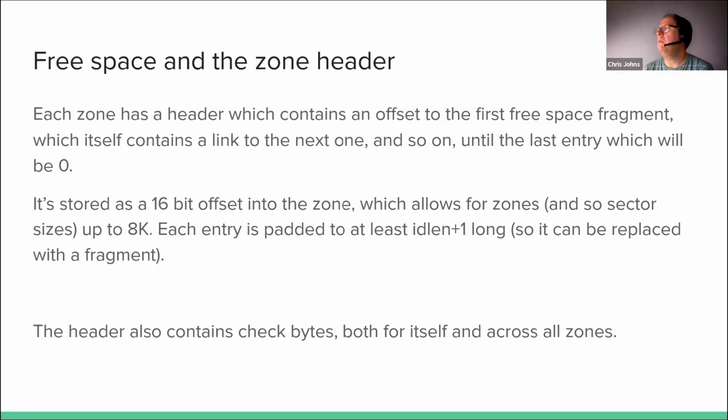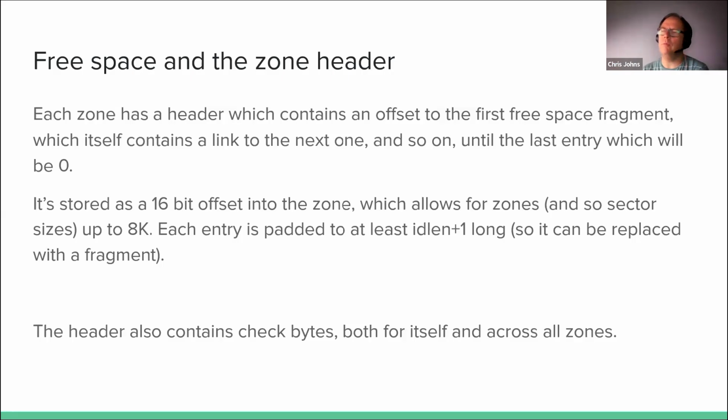It's stored as a 16-bit value because the header's 4 bytes, 2 bytes are checksums, and 1 byte's the free space link. I think that gives you up to... it would let you have sectors up to 8K because a zone has to be the same size as a sector.